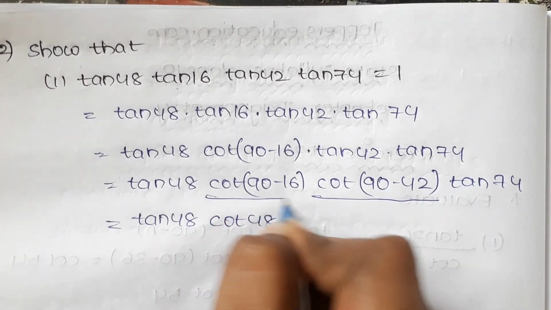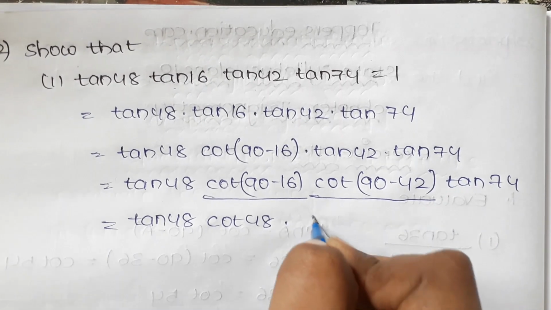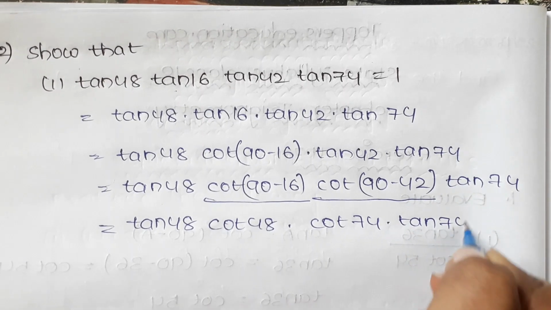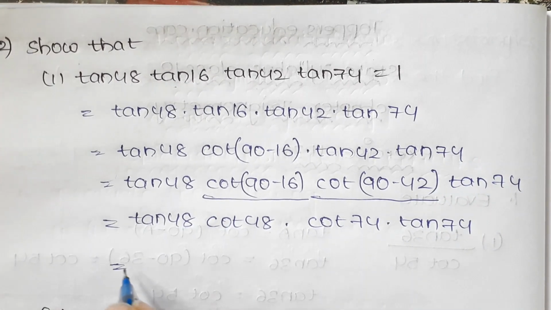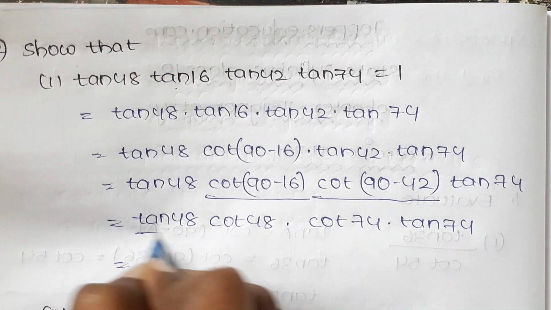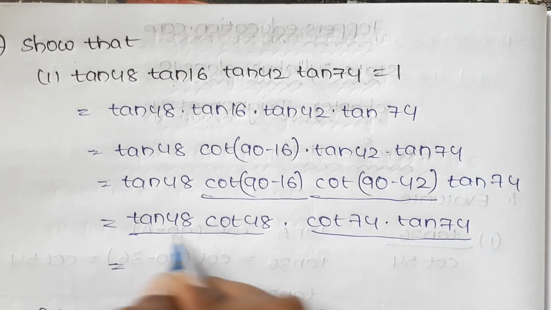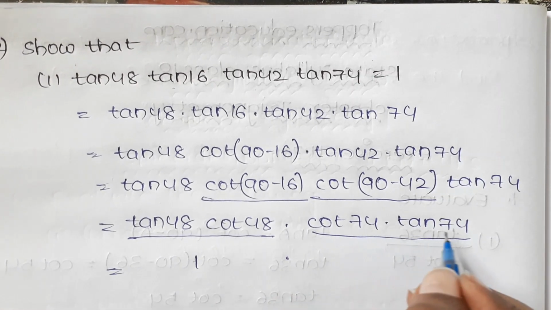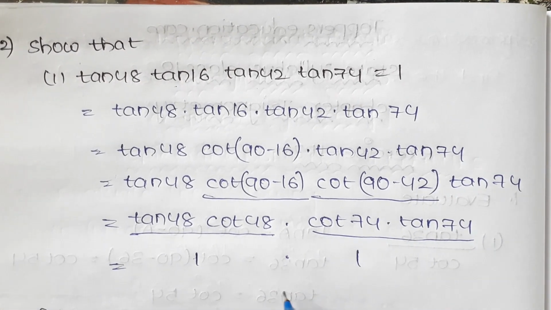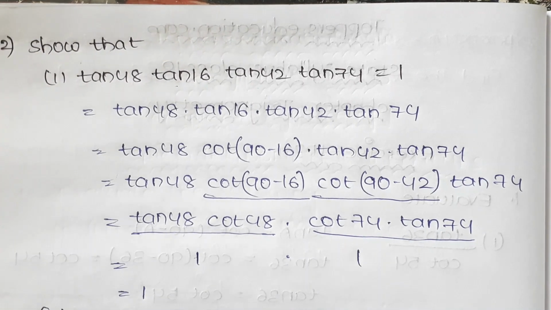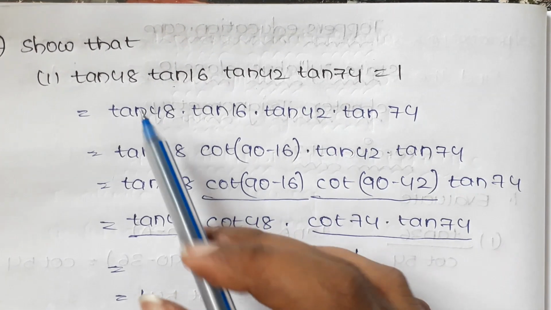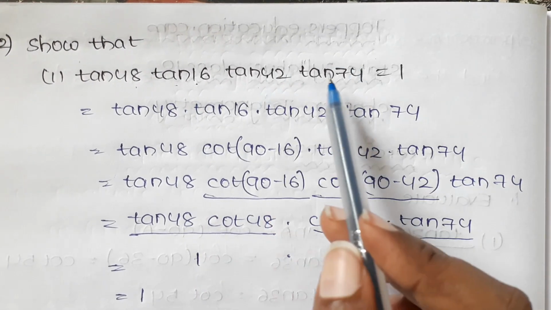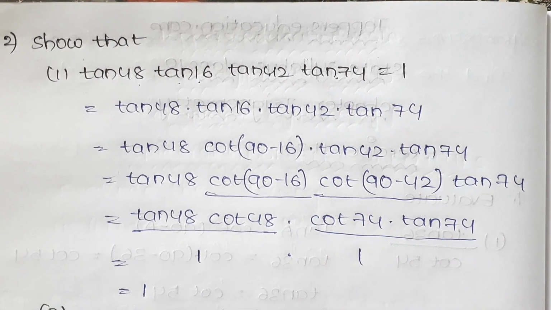And again cot 90 minus 16 is nothing but cot 74 into tan 74. And the value of tan 48 into cot 48 is 1. And again cot 74 into tan 74 is 1. So finally the value is 1. Therefore we proved that tan 48 into tan 16 into tan 42 into tan 74 is equal to 1.